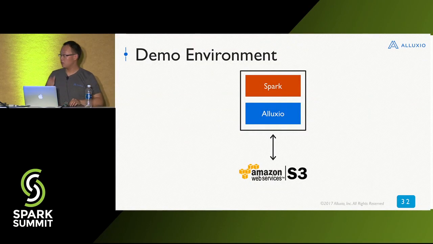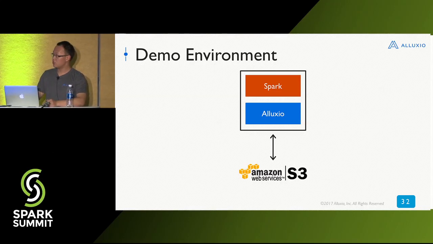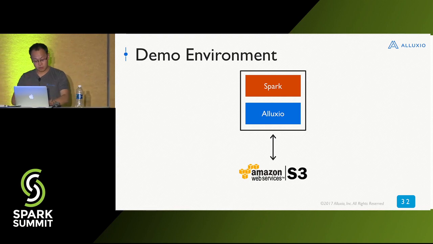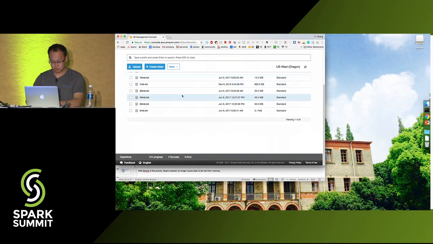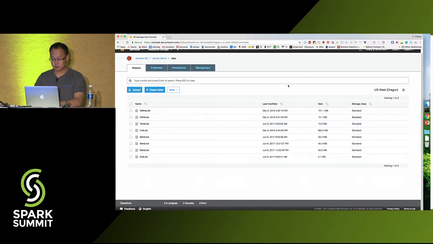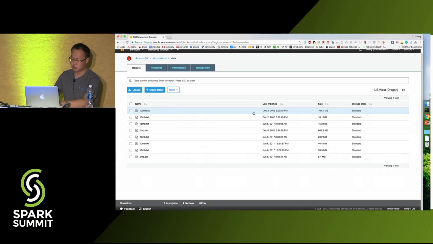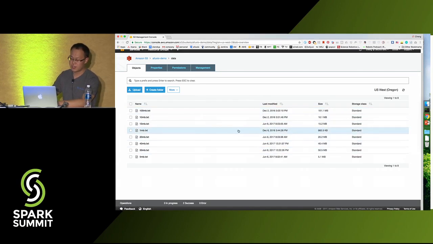On my local machine, I have set up a Spark cluster and an Alluxio cluster, and I used an Amazon S3 bucket as the under storage of the Alluxio cluster. Now let's see what the contents are in the S3 bucket. As you can see, the S3 bucket just holds some files of different sizes.